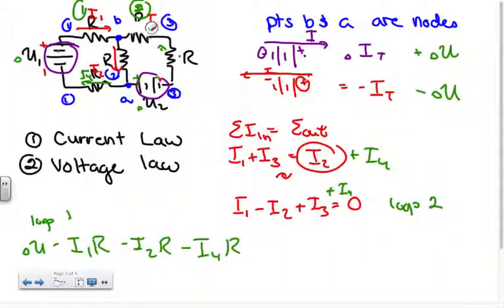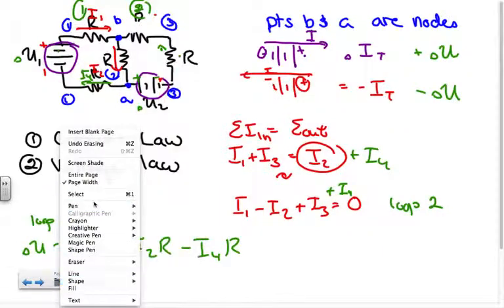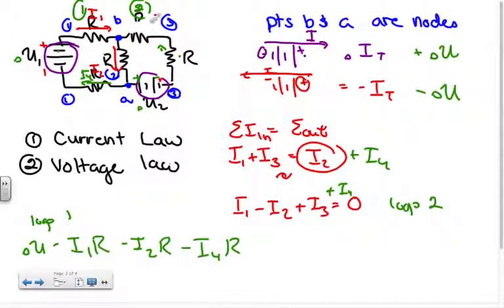I could have dictated that the current go this way. Which, by the way, would change this to I3 and I2. It does not change I4 because that one's already going this way.